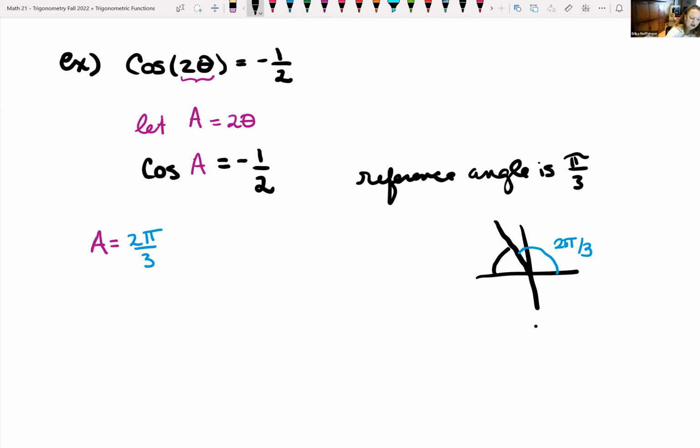But cosine is also negative in that third quadrant. And so pi plus pi/3, 3pi/3 plus pi/3 is 4pi/3, would also give us back negative 1/2.